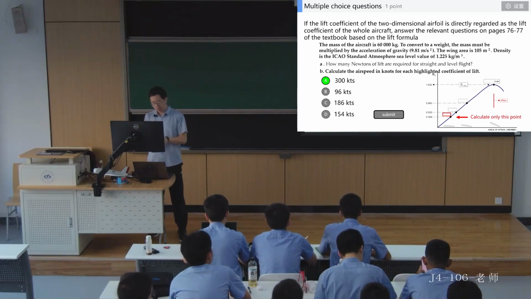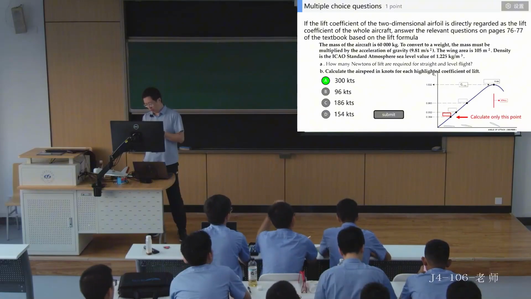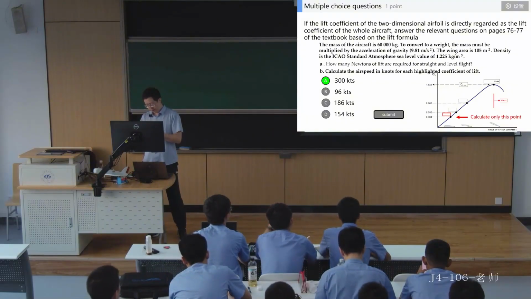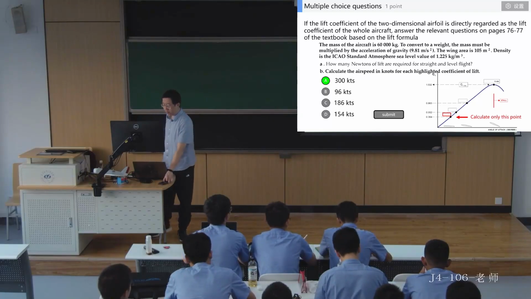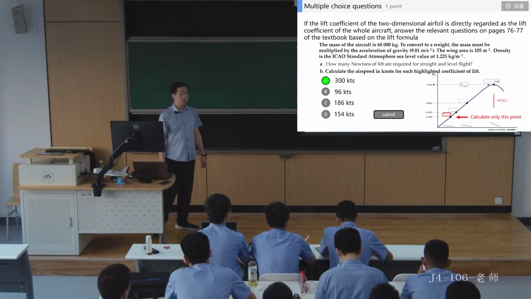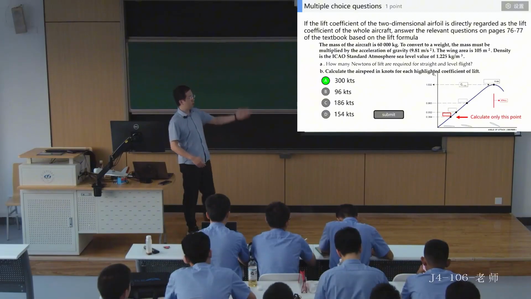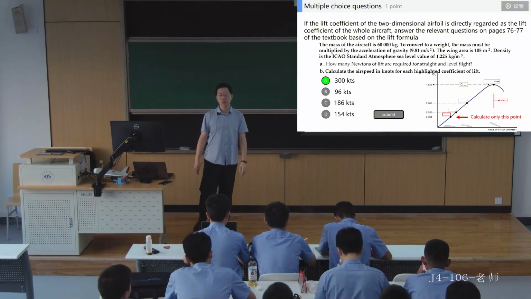Let's give everyone an additional minute, making it 3 minutes. This is a very important fundamental calculation in our entire study of flight principles.